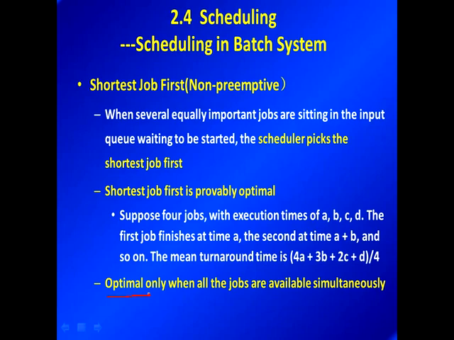Then you can get the shortest turnaround time with the SJF algorithm. Only when all the jobs arrive at the system at exactly the same time, only in this situation, SJF is optimal.